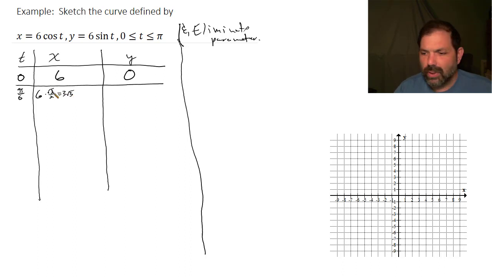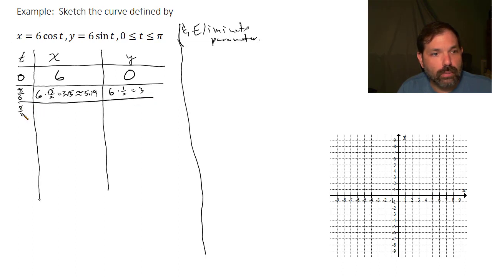And if we remember that the square root of 3 is about 1.732, then 3 times 1.73 is 5.19. For y, the sine of pi over 6 is 1/2, so that would be 6 times 1/2, and so that's exactly 3.